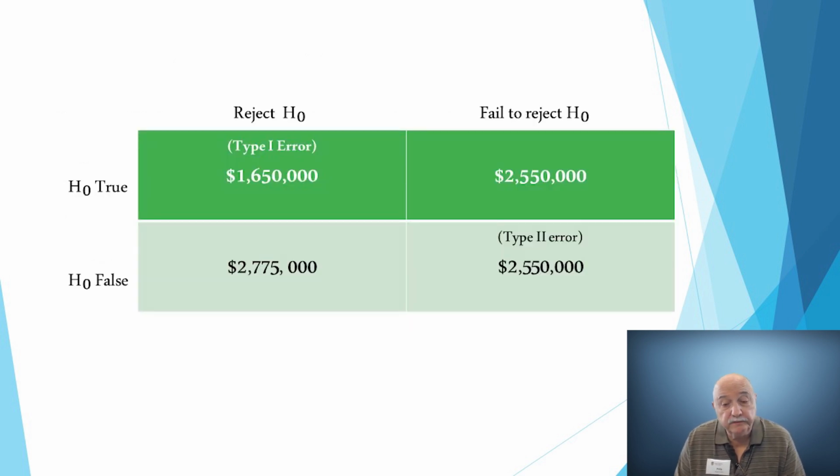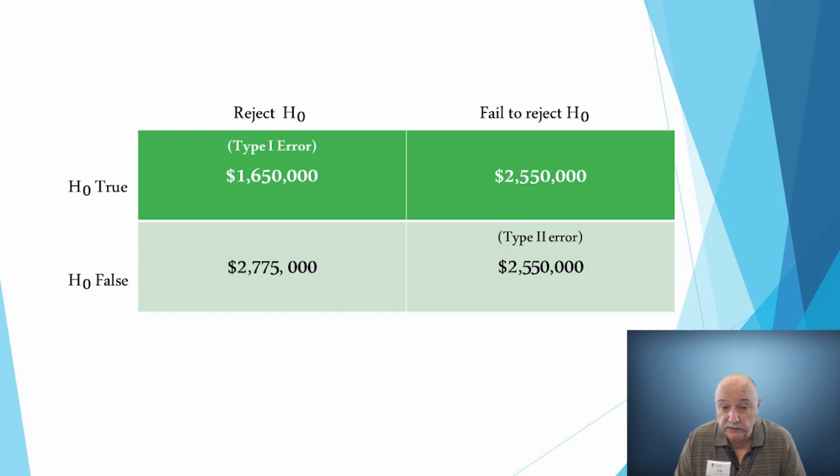As promised, a summarization of these profits based on the possible decisions that can be made. So if we commit a type 1 error, okay, null hypothesis being true and we reject it, we make a profit of $1,650,000.